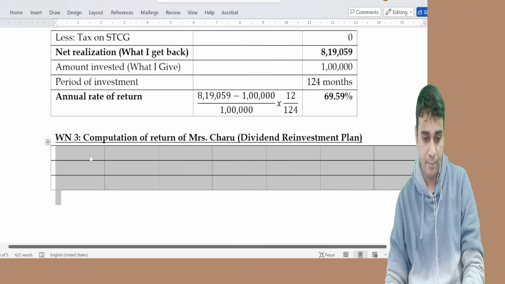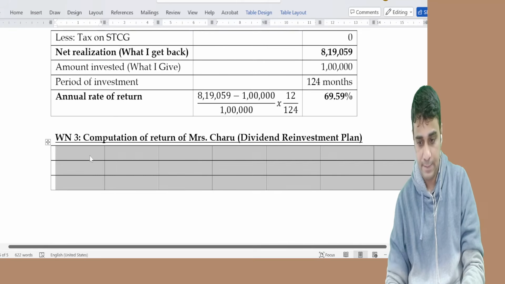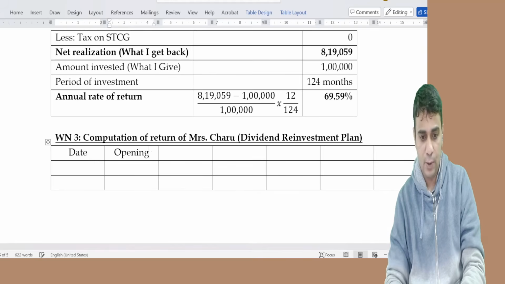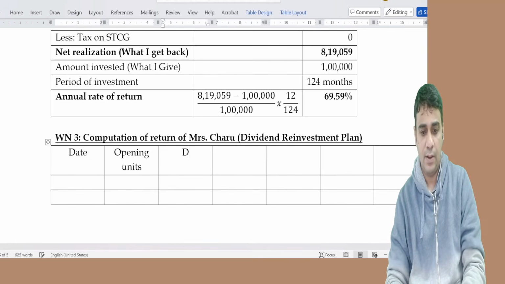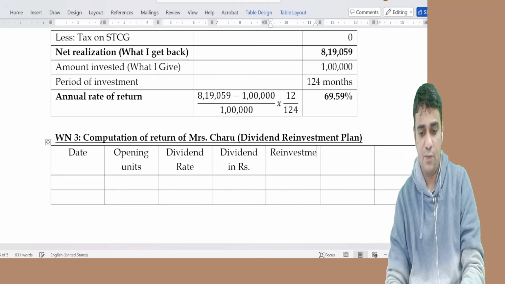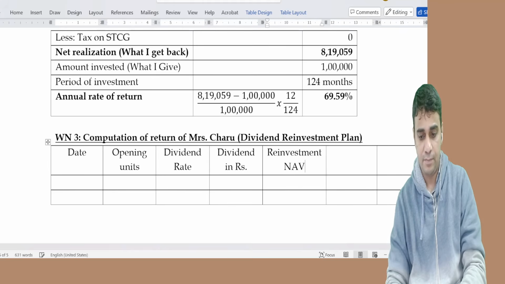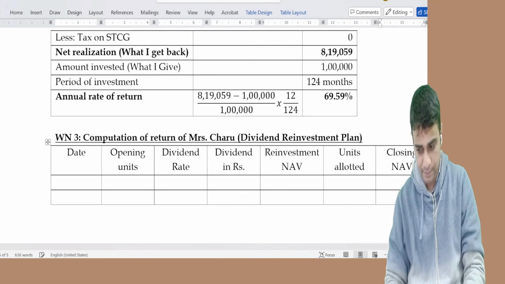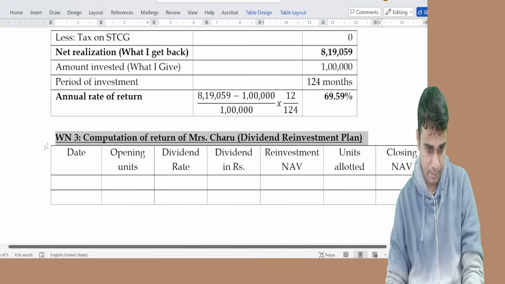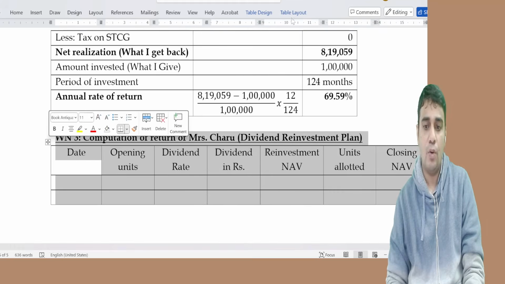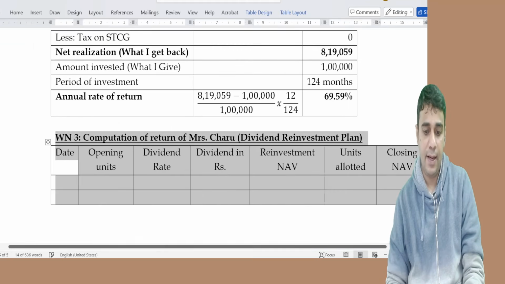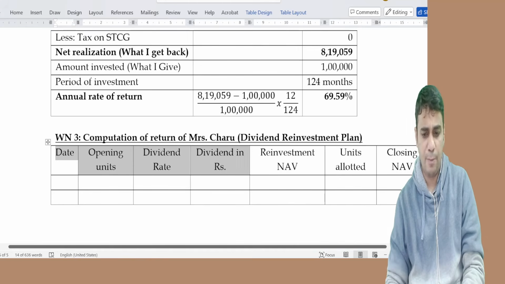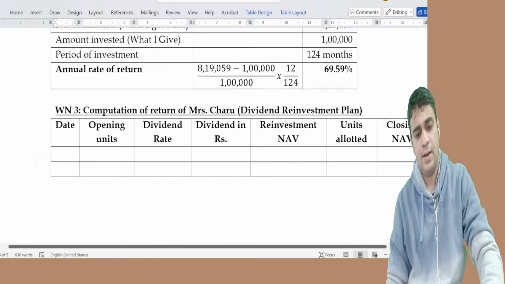Date, opening units, dividend rate, dividend in rupees, reinvestment NAV, units allotted, and closing units.